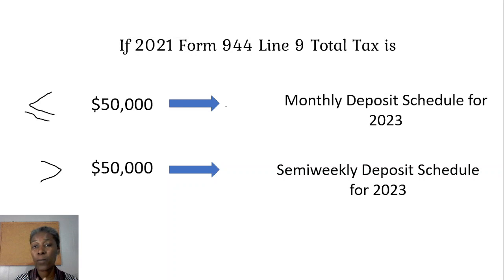Usually 2021 Form 944 will be due by March 15 of 2022. No, it will be due by January 31st of 2022. So 2021 Form 944 was due by January 31st of 2022.